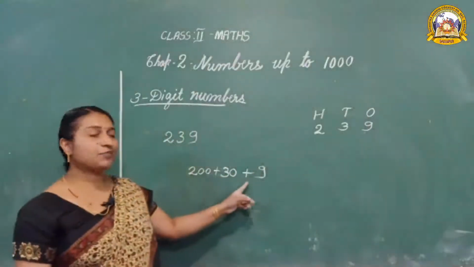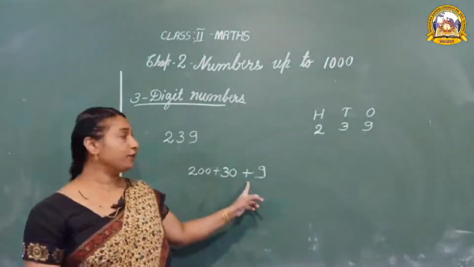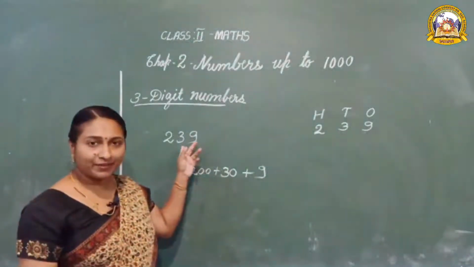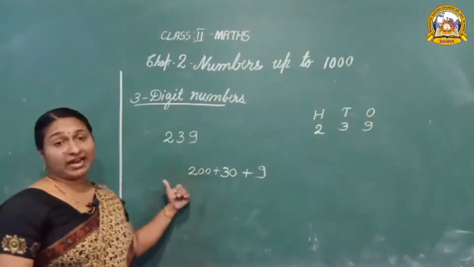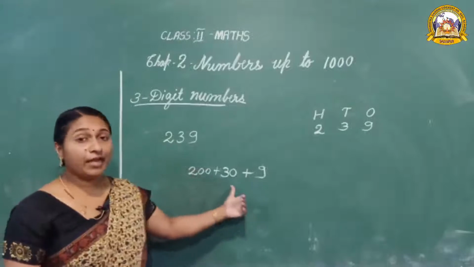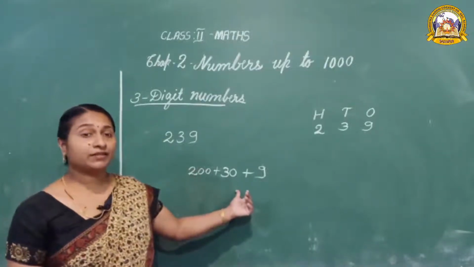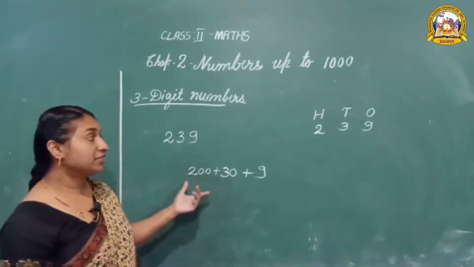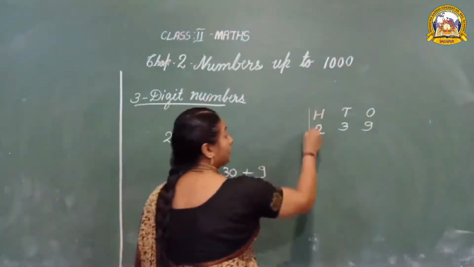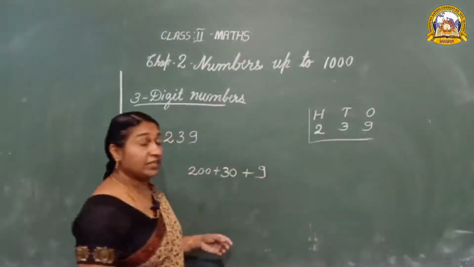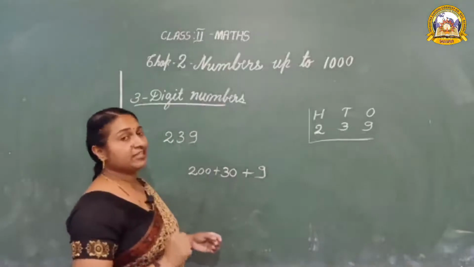It is the expanded form or long form of this number. Can you write the number name of this number? Using this place value chart, we can write it very easily.